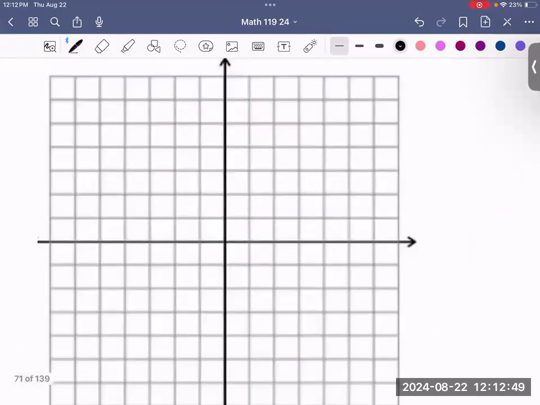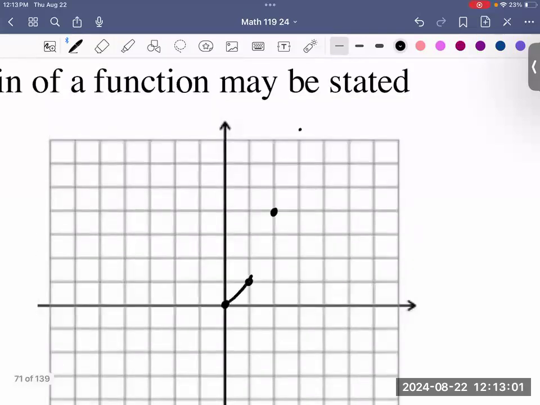I might not plot all of them. We have 0, we have 1, we have 2 and 4, 3 and 9, so somewhere up here. It looks something like this, but it's going to end by your 5. Let's just say, even better, 1, 2, 3, 4, 5, all the way up to 25.